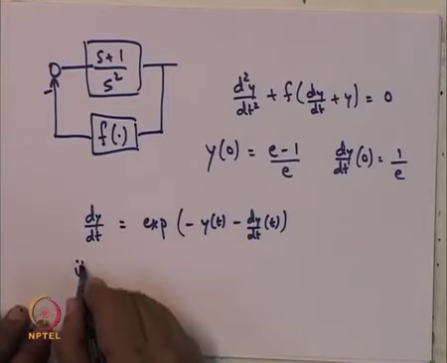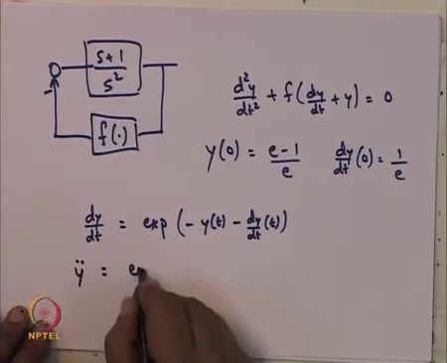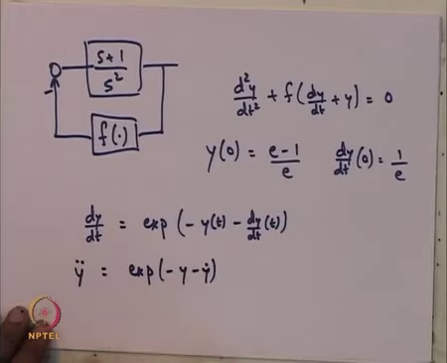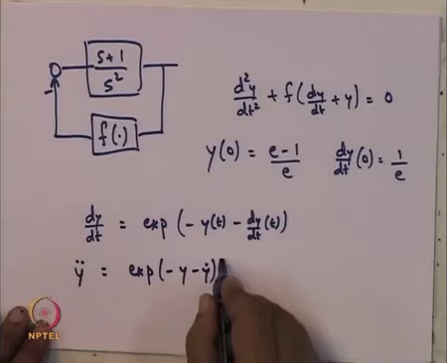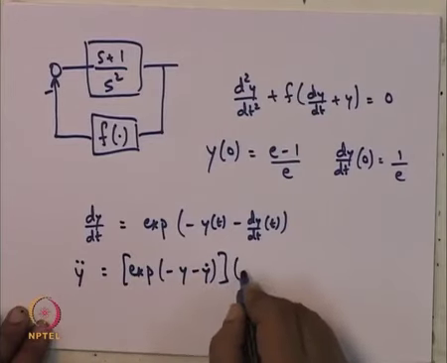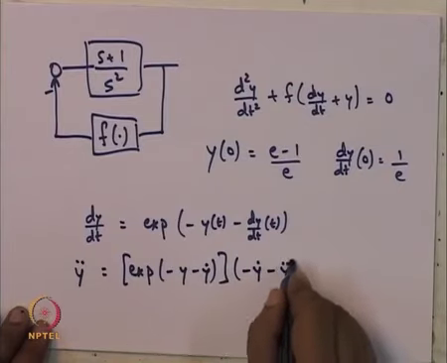So, y double dot, that is the second derivative, is equal to exponential of minus y dot, and then I have to take the derivatives of these. So, the derivatives of these will give me minus y dot minus y double dot.